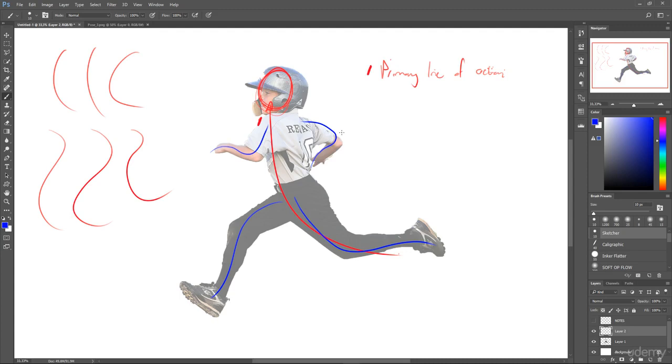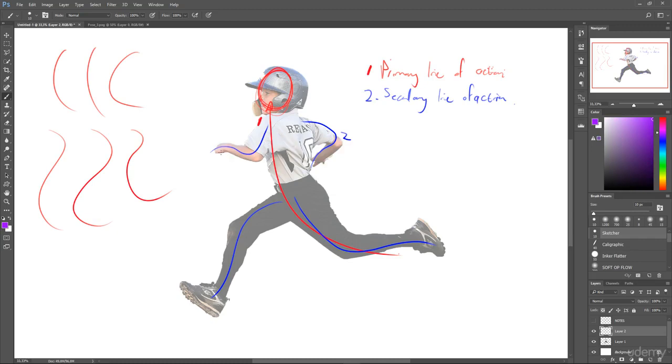These blue lines represent the secondary lines of action, which I've overcomplicated a little bit here, but they show the overall summary of the movement in the limbs, the head and legs. We can also simplify them more if you're not in an opposing curves mindset or you really want to just draw it out quickly.